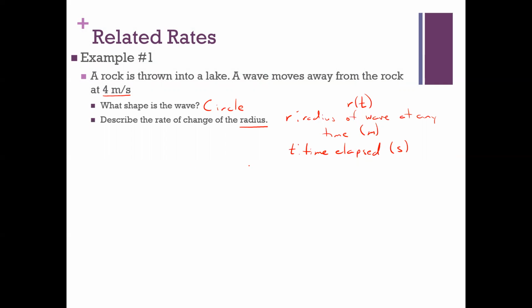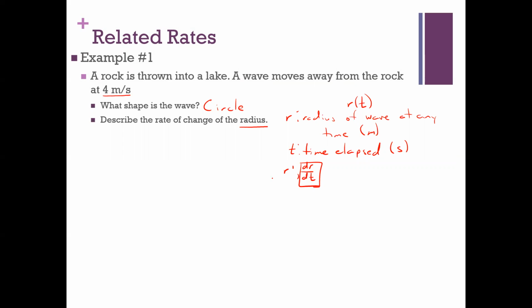What was that? R prime is a good way. What else might we use? What's another one that makes it even more specific what the two quantities are that are changing together? dr dt. I am going to favor, for now at least, dr dt, just because that makes it really clear that as time goes on, the radius is changing somehow.